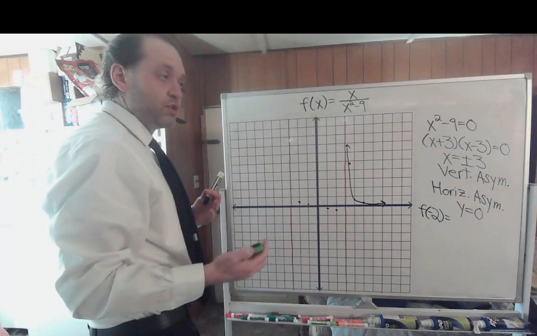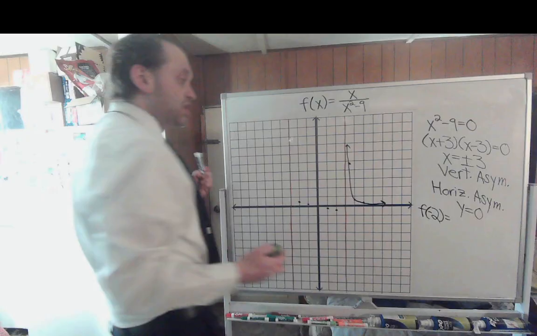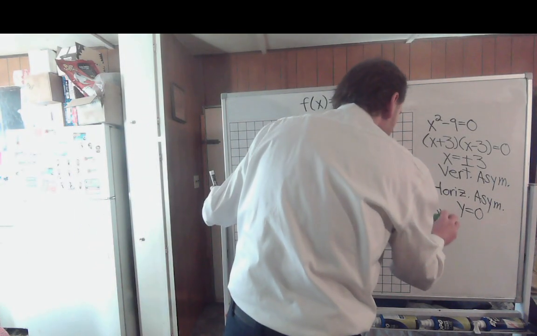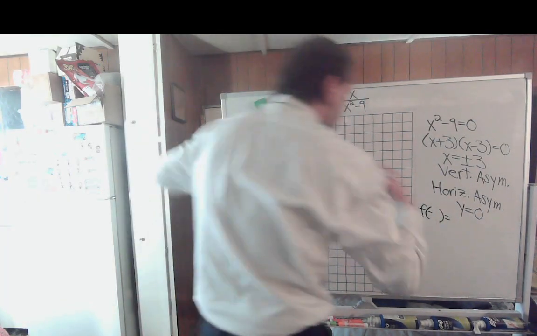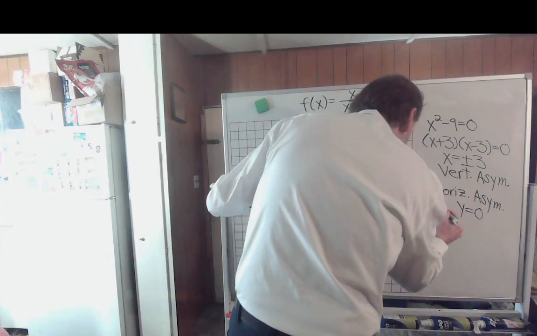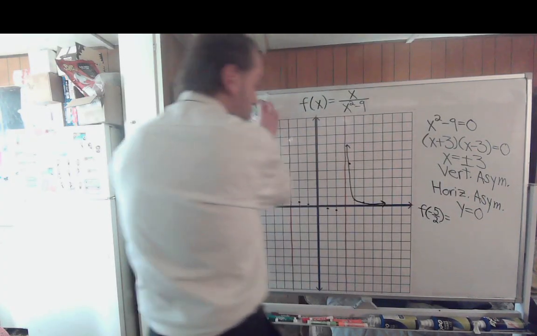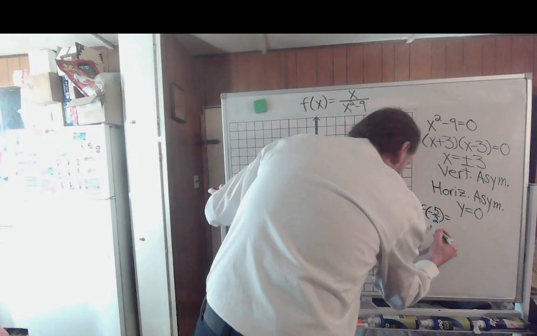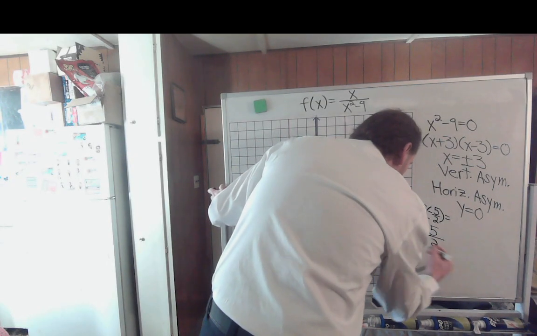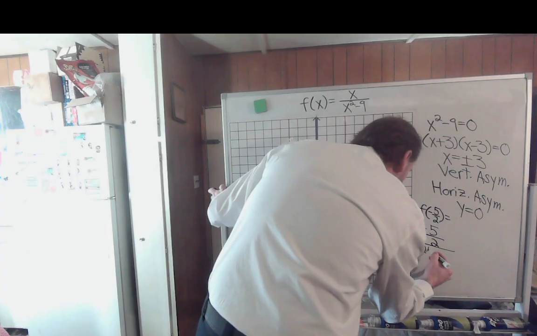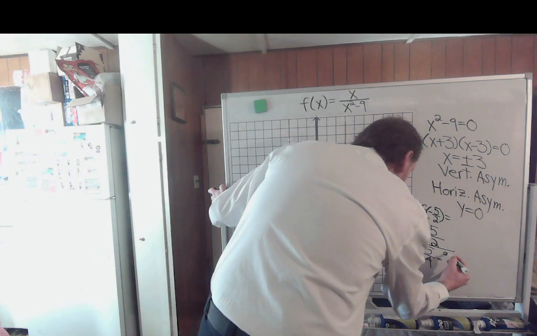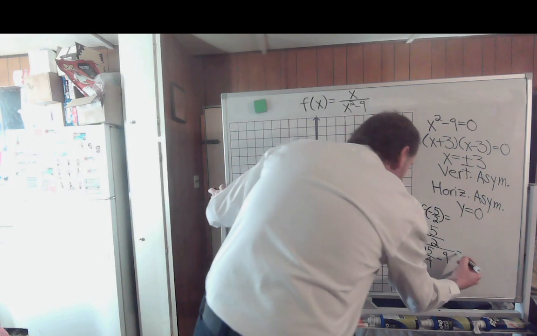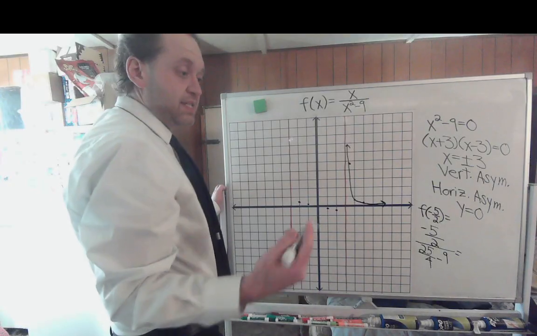So -2.5, that's going to be -5/2. So we're about to have a hot mess here. -5/2. What's that going to look like? That's going to look like -5/2 all over 25/4 minus 9. Well, what is 9 in terms of 4?